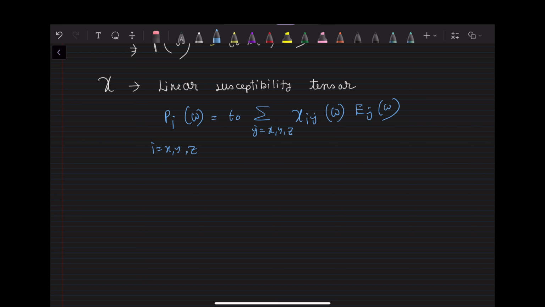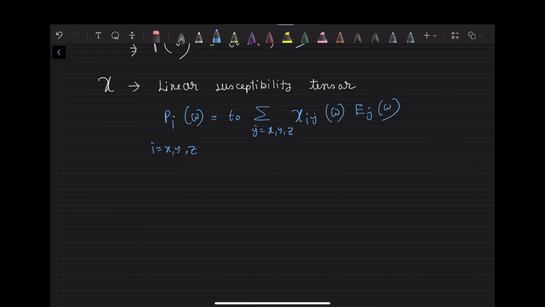Now what I want to discuss is to derive wave equation from Maxwell's equations, because we'll be using wave equation a lot. First we will derive linear wave equation, then we will go to nonlinear. We'll introduce nonlinear terms and how things change with nonlinearity, right? So that's what we want to see.